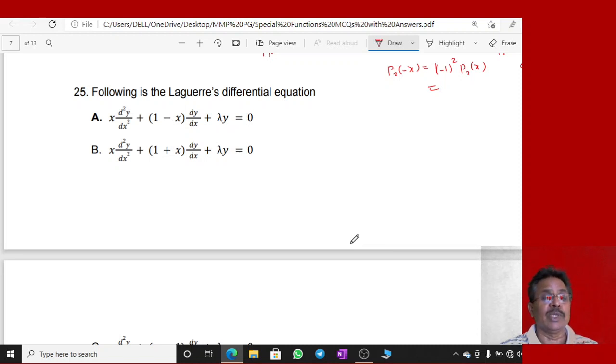You might be knowing, out of these four equations given, the first one is x d²y/dx² + (1 − x) dy/dx + λy. That is called the Lagrange differential equation. Then the second is x d²y/dx² (1 + x) dy/dx + λy = 0.